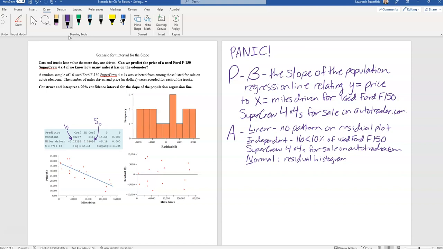This guy is a little tall in the middle, but we're not going to call that an outlier. Remember, outliers are on the edge of our data. So our residual histogram shows no strong skewness or outliers. I think it looks pretty good.